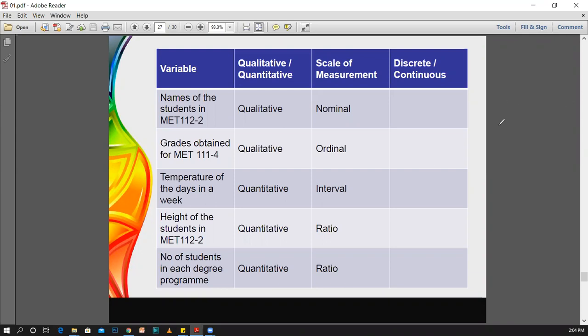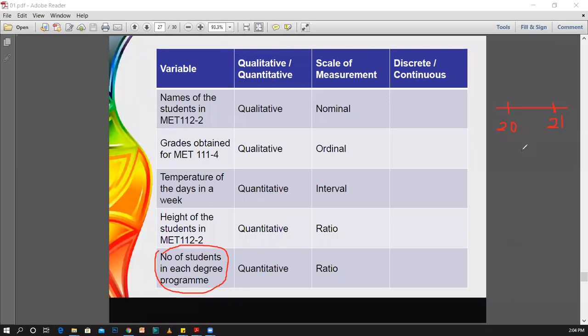Just like this. Now think about if your degree program has 20 and another one has 21. The next value is 21. Then in between 20 and 21, do we have any other students? We do not have any other value in between 20 and 21 in the context of this variable, number of students in each degree program.